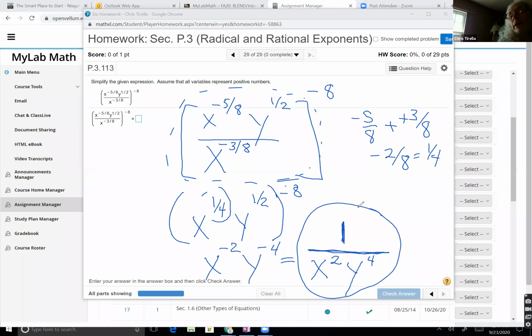So if your final answer has a negative exponent, usually you're going to rewrite it with a fraction. And that part with a negative exponent, the exponent becomes positive when we move it to the denominator. Unless it was negative in the denominator, a negative exponent in the denominator will become positive when I move it to the numerator.